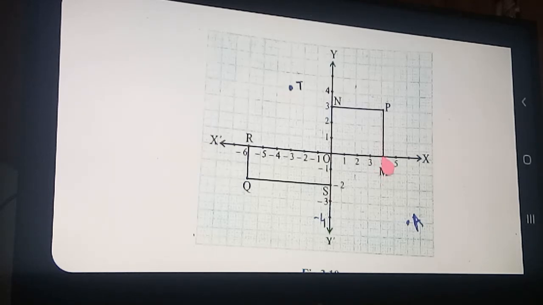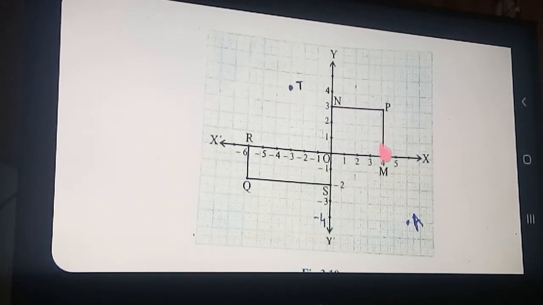The other meaning is the perpendicular distance from the y-axis to the point. This PN distance and this OM distance are both the same, no?